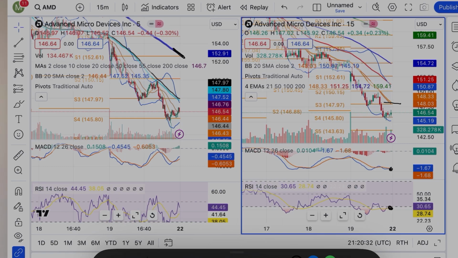So on the 15-minute chart, I wouldn't really enter this trade until this is obviously a nice level of support. We got the midline of the Bollinger Band, which is a 20 SMA, and the pivot point. As you can see, the stock came down to the pivot point, bounced back up. So if it breaks through this area, I would probably enter the trade.